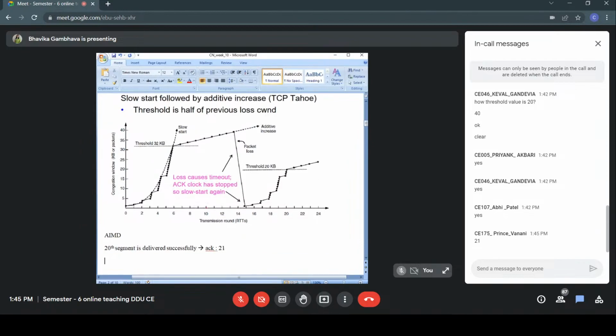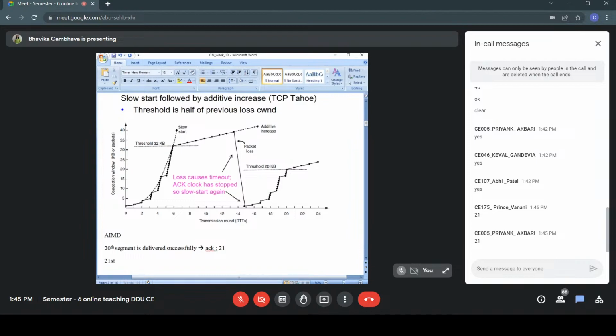We are assuming here that one segment is of 1 byte to make it simple. Ideally, if the 20th segment is there and there are 100 bytes, then bytes 20 to 119 would be delivered and we would get an acknowledgement of 121. But to make it simple, we assume that each segment is numbered and we send accordingly.